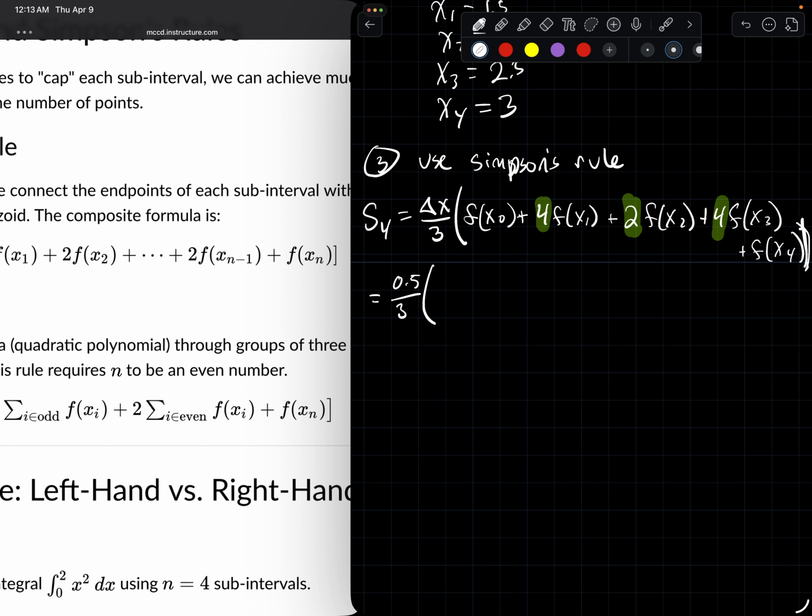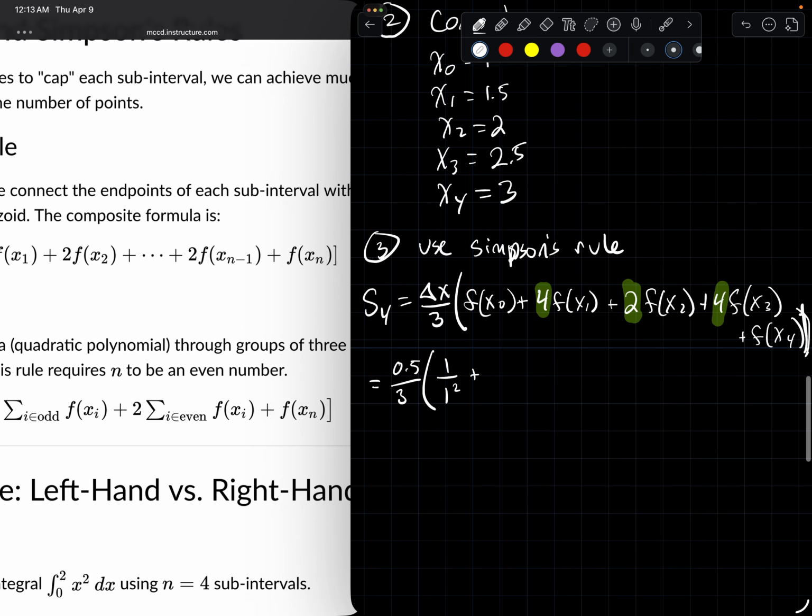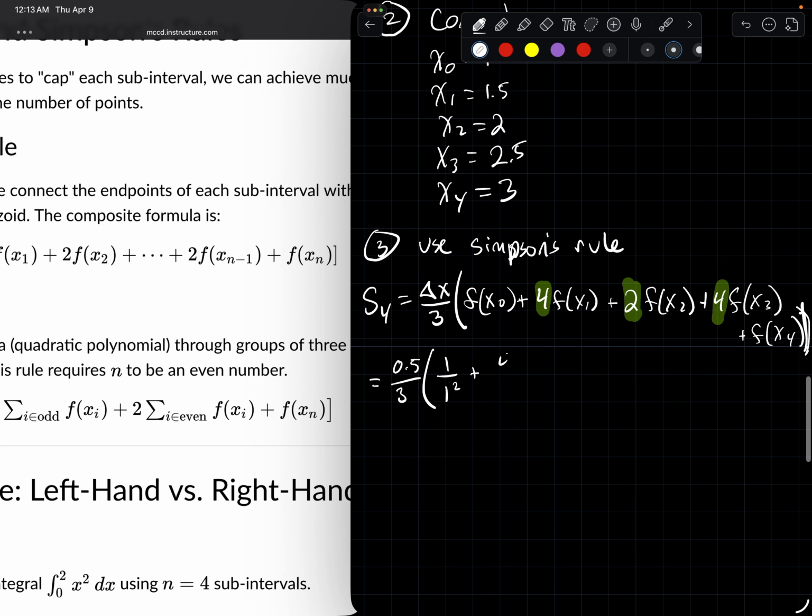in here you have f of x0, which was 1 over 1 squared, and then 4 f of x1. x1 is 1.5, so that's 4 over 1.5 squared. And then 2 f of x2, that's going to be 2 over 2 squared.